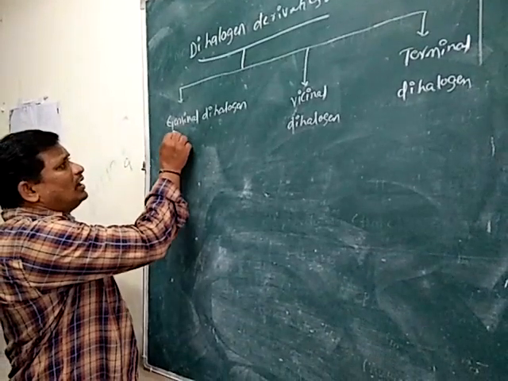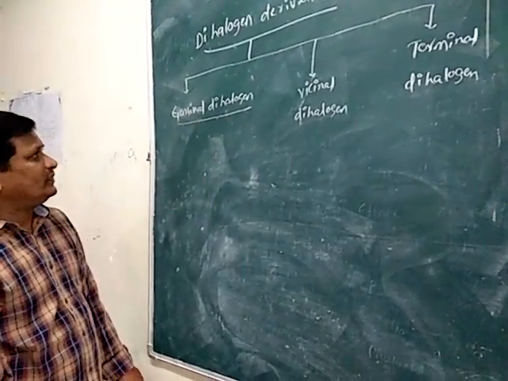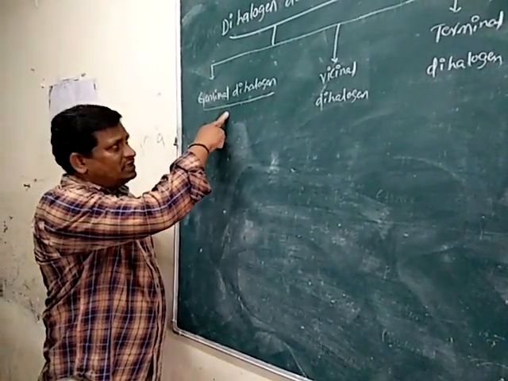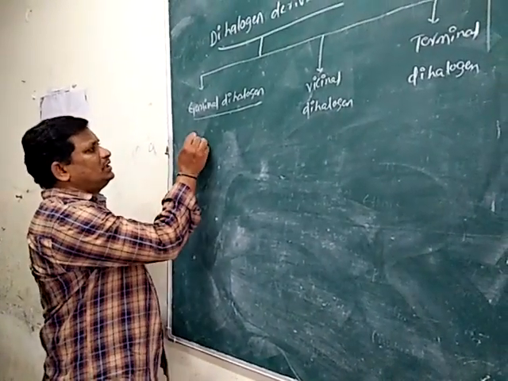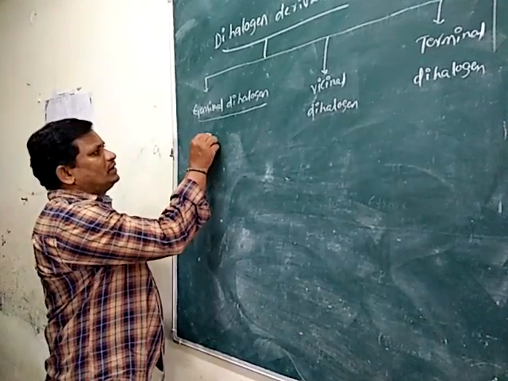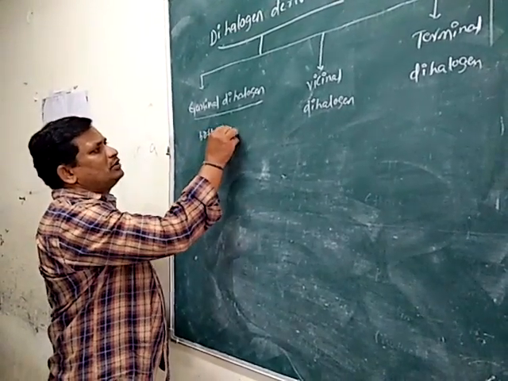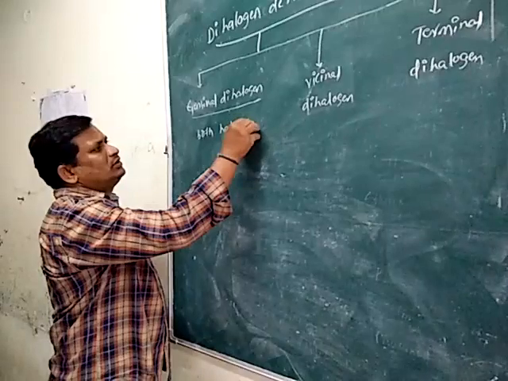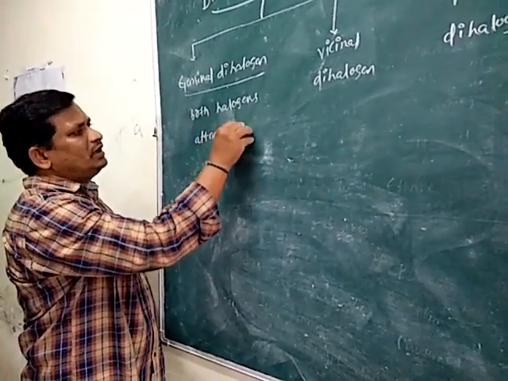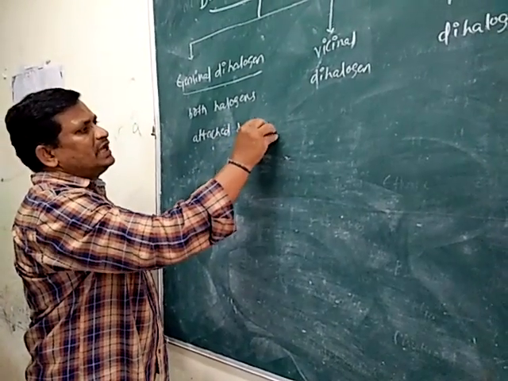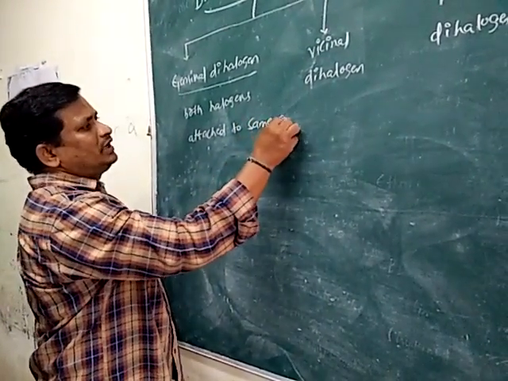So now, what are geminal dihalides? Geminal dihalides means two halogens attached to the same carbon.